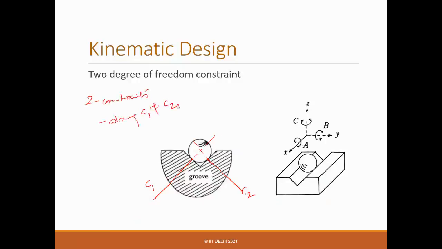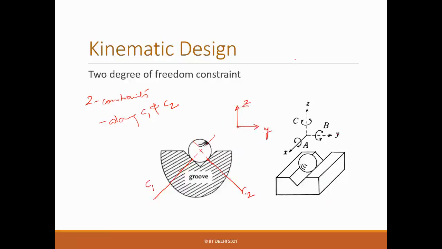So if you see here in the other diagram, this is now the frame of reference, this is Y, and this is Z direction. X is out of the plane, right? So any constraint on the YZ plane, you can equivalently say that they are constrained in the YZ plane. Any 2 directions in YZ, right?